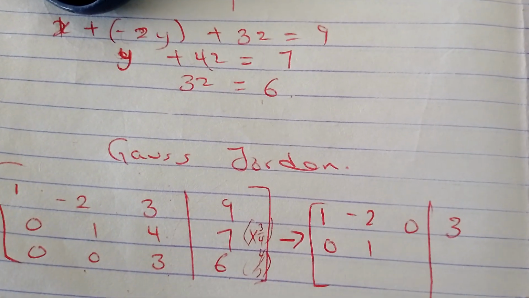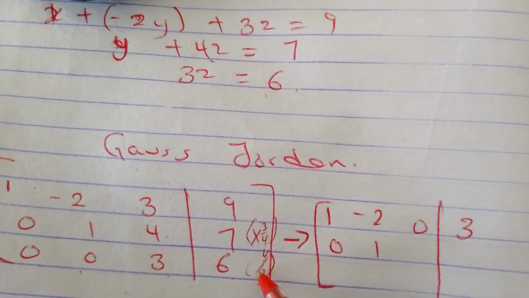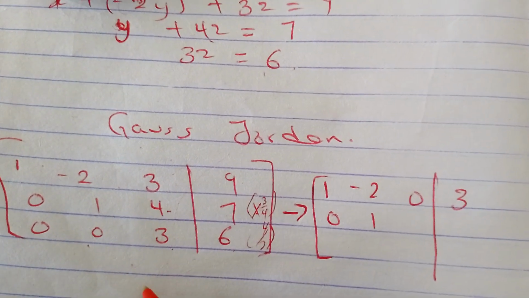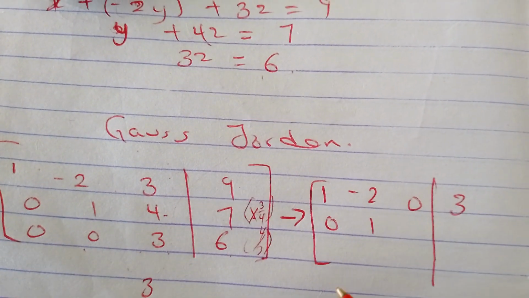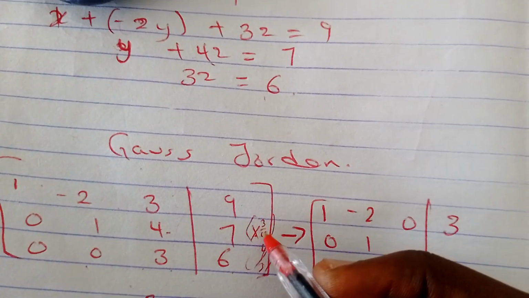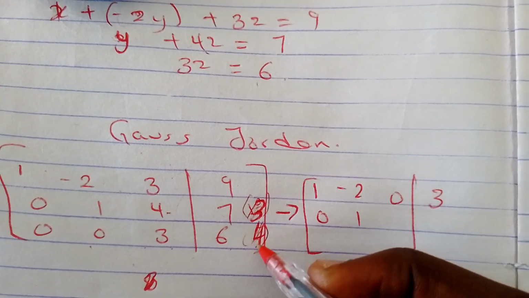Okay, we get 4. So here we can do that. Meaning this time this gives us 3. This time this gives us 4. Okay, we don't get anywhere. So let's just multiply this row by 3, and multiply this row by 4.